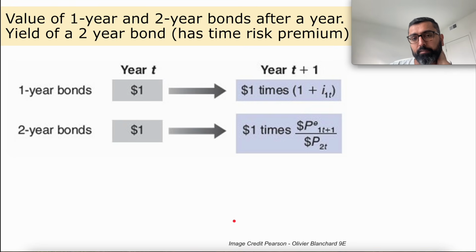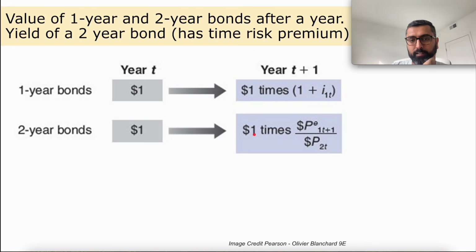A 1-year bond after 1 year, let's say you invested $1, you will get $1 times 1 plus i1t. We looked at that earlier.